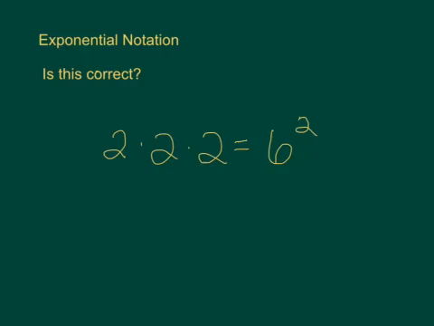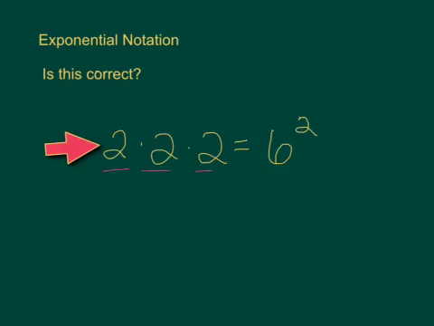All right, so exponential notation, let's look at this. 2 times 2 times 2. Does that equal 6 to the 2nd power? Well, let's look at it. What is our base here? Our base here is 2.